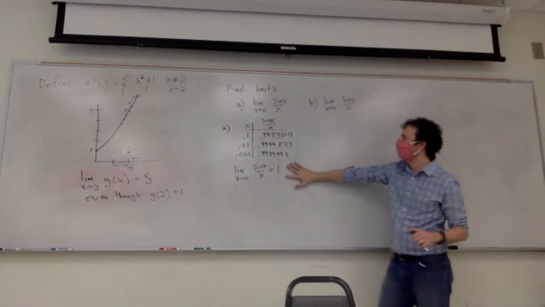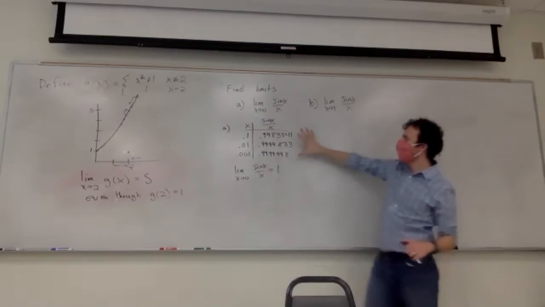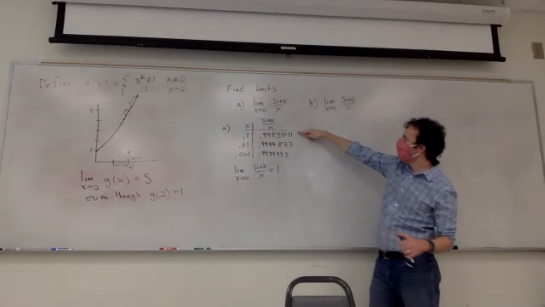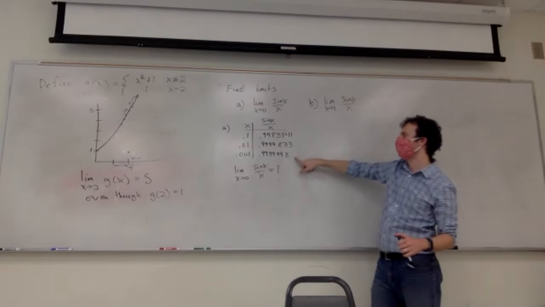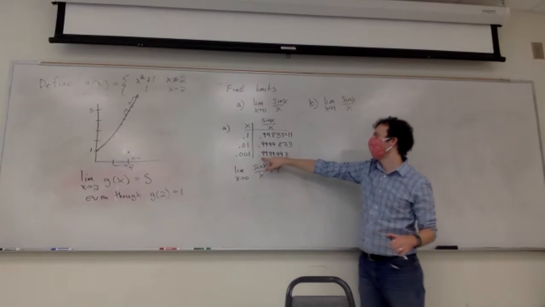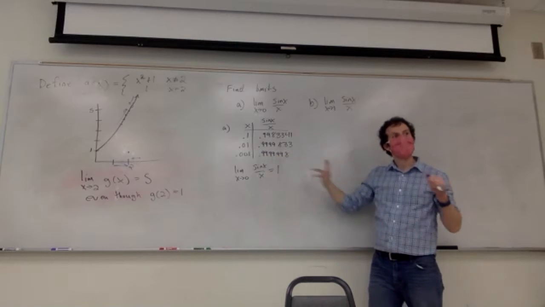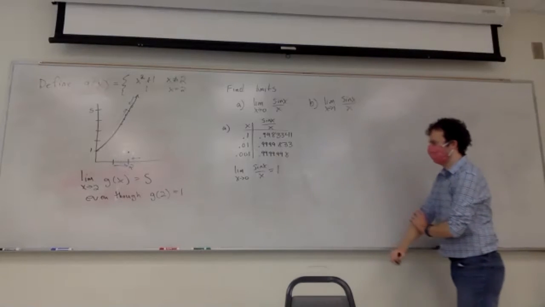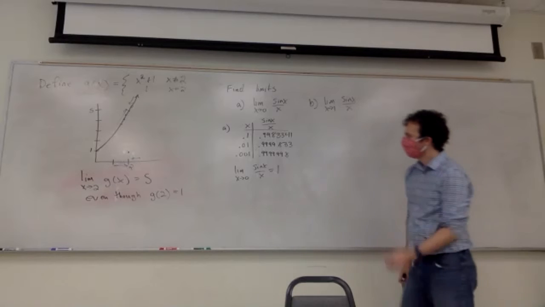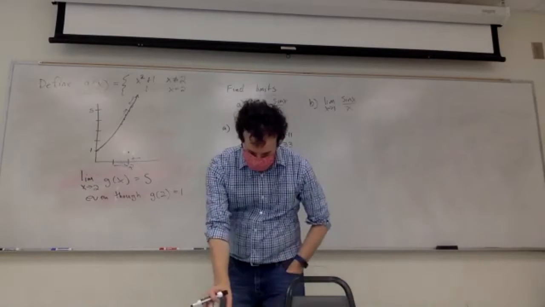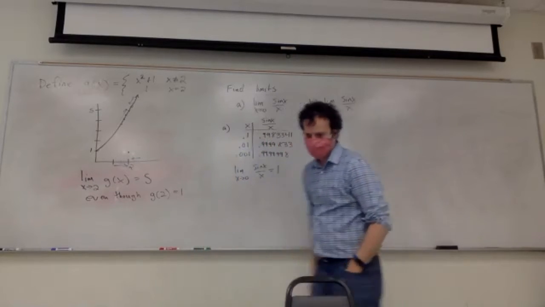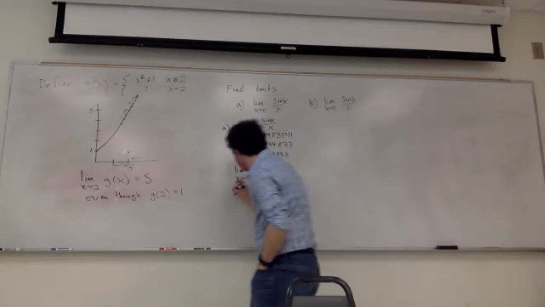So this 1 never actually appears in this table. It's what does this list look like it's getting close to? And these longer and longer strings of 9s say it looks like this keeps getting closer and closer to 1.